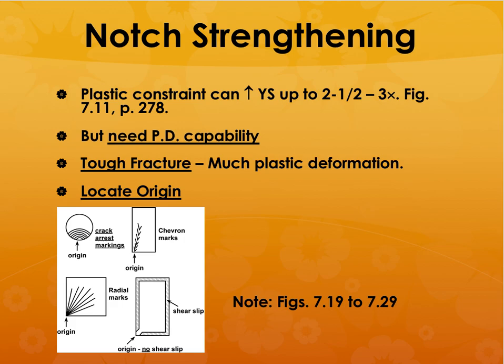Okay, so if you have a tough fracture, if you have a fracture that does not break the material, that means the notch was able to take a lot of plastic deformation, or was able to accommodate the plastic deformation.